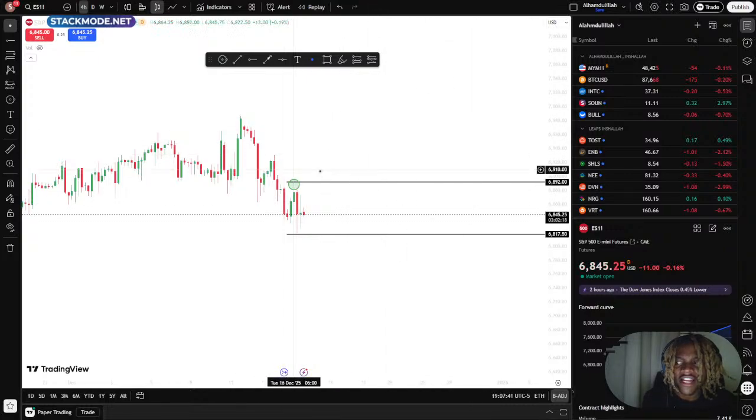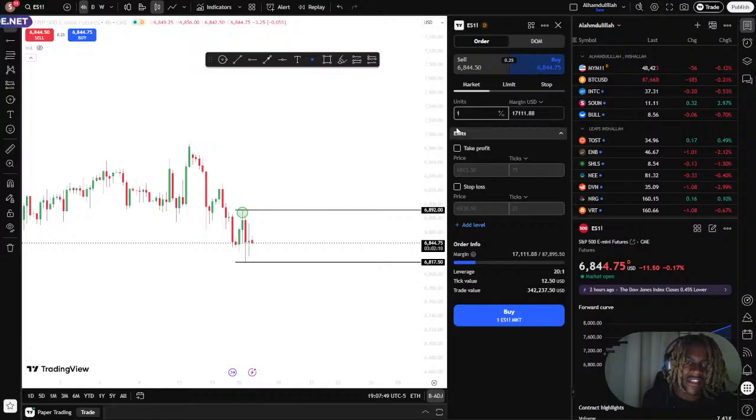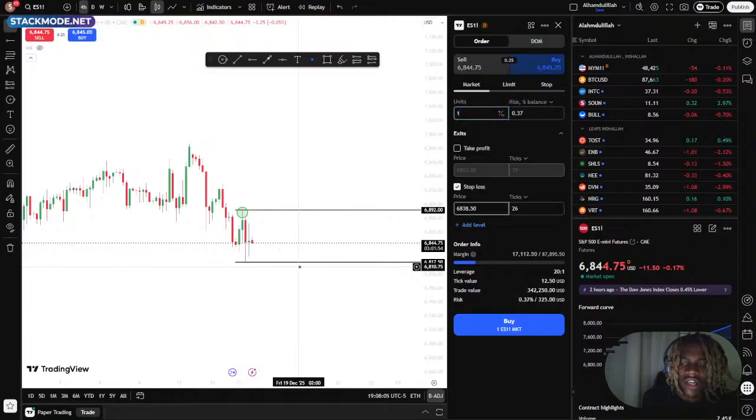I would make sure I'm logged in, click buy, and then you're going to see to the right these numbers that say exits. Then you would put your stop loss at the bottom of your support.